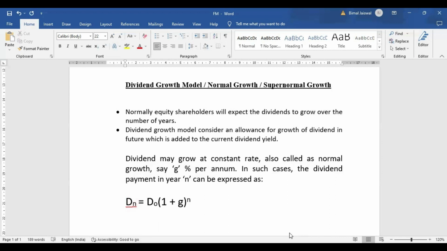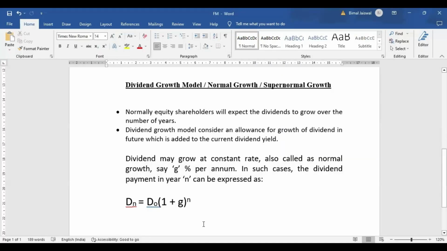That means, for the present market price, we can write in this form.